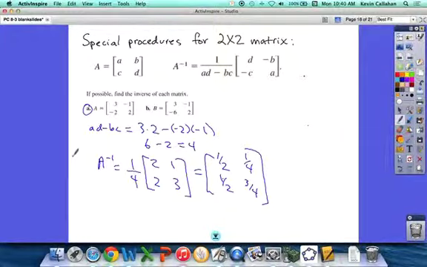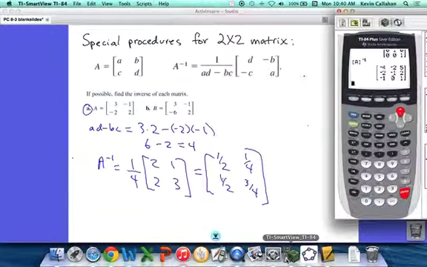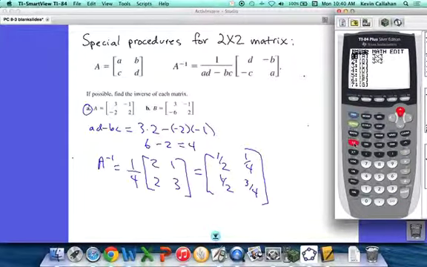And again, you can verify that in your calculator. Let's go second. Well, the easy thing to do is let's just define matrix A. We'll go over to edit 1. This one's a 2 by 2. And we're going to put in 3, negative 1, negative 2, 2.